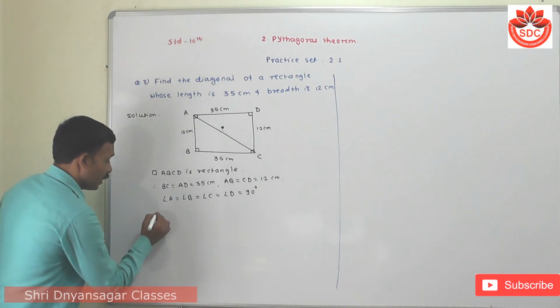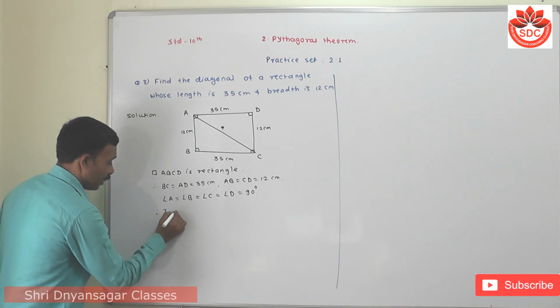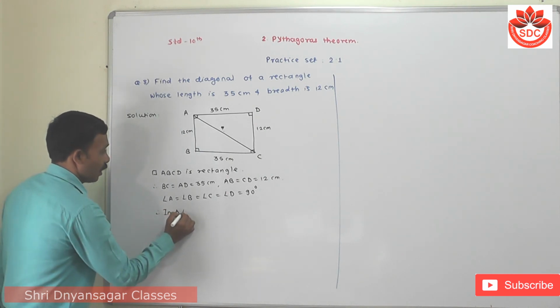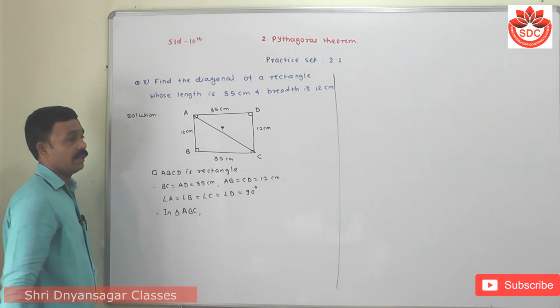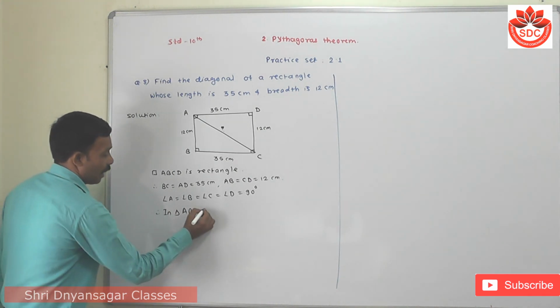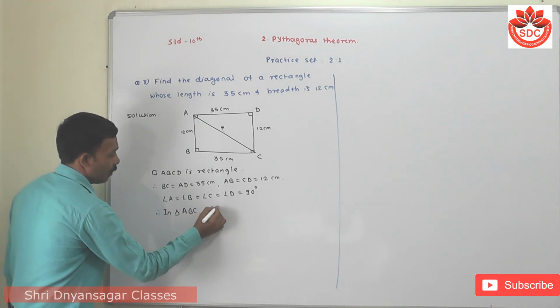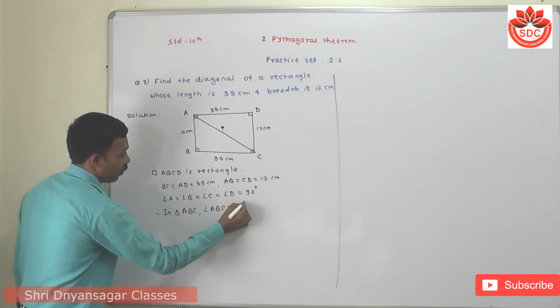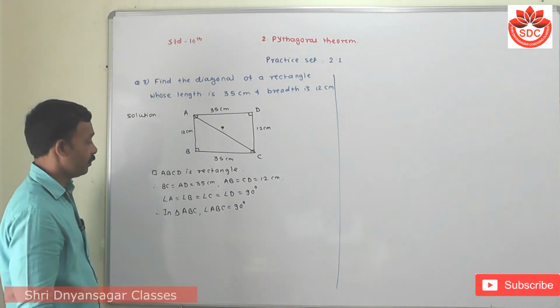Students, therefore in triangle ABC, angle ABC is equal to how many degrees? 90 degrees.